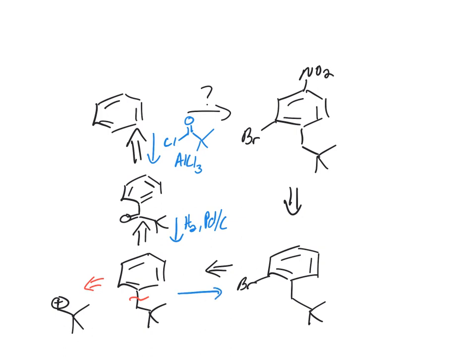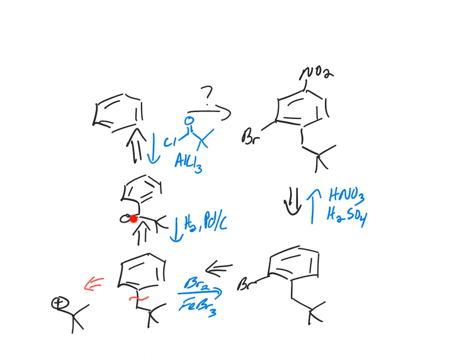To put the bromine on, you need Br2 and FeBr3. To put the nitro group on, you need HNO3 and H2SO4. And then it gets you there. So the really hard part was, if I need a primary carbon, I can't do it by Friedel-Crafts alkylation.